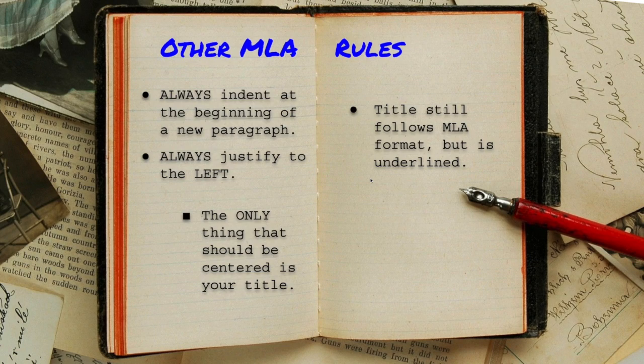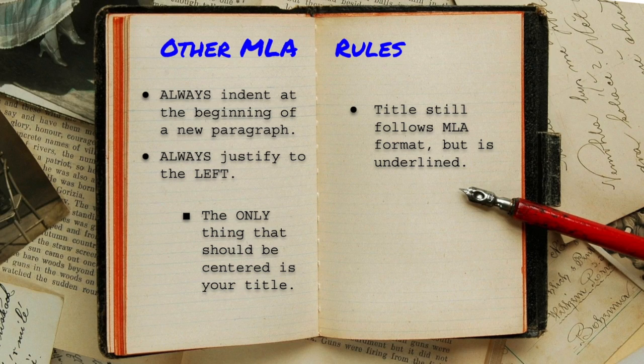Here are some other important MLA rules. Always indent the first line of each new paragraph by pressing the Tab key on your keyboard. In most computer programs, once you do that to your first paragraph, it should do it automatically for the rest of the document. Always justify your text along the left side of the paper.